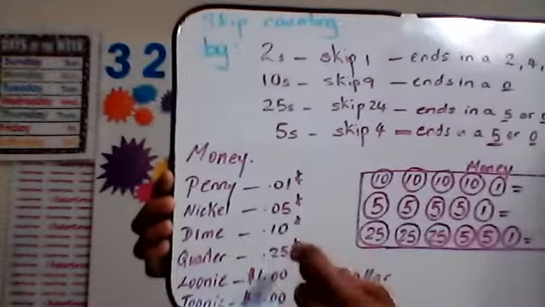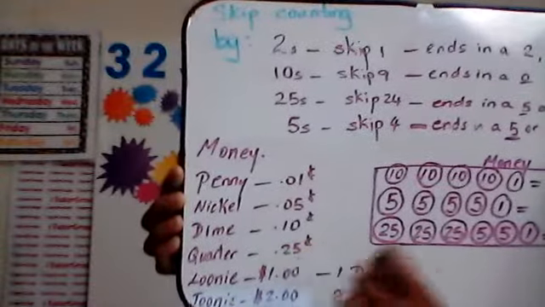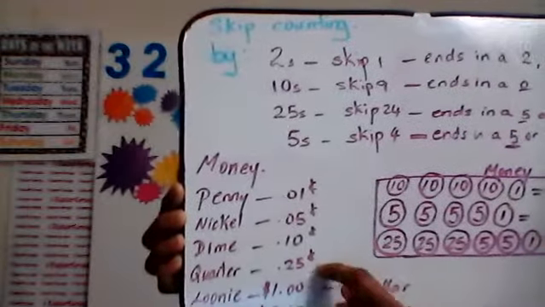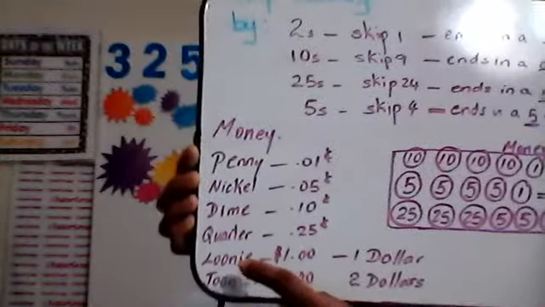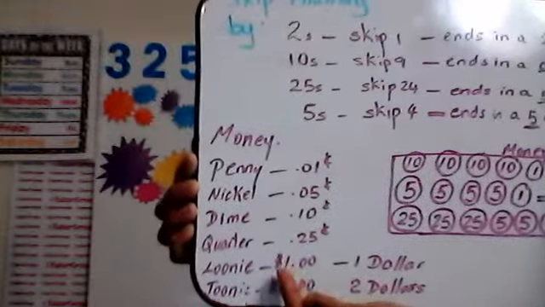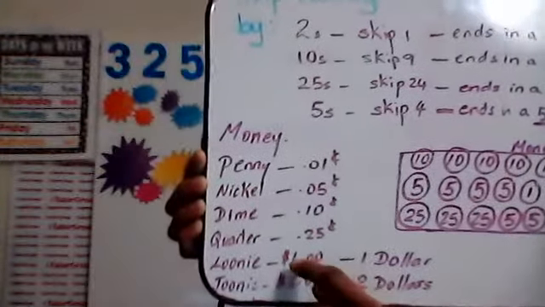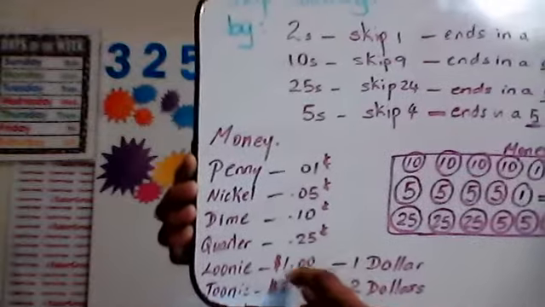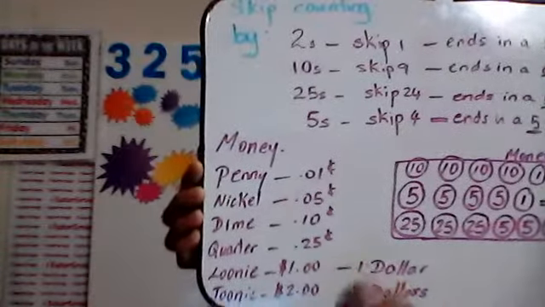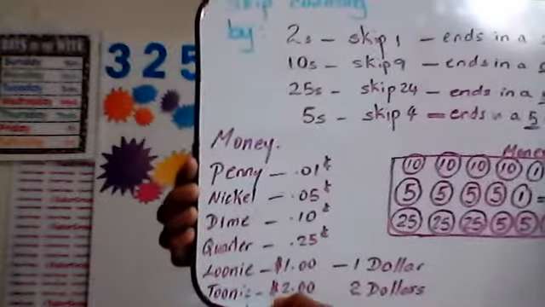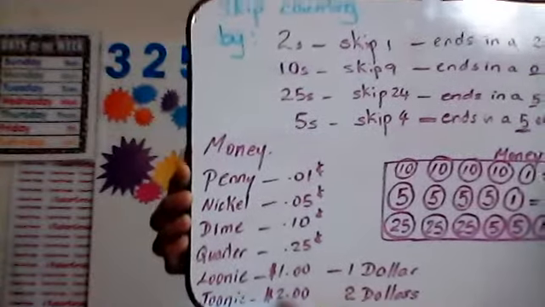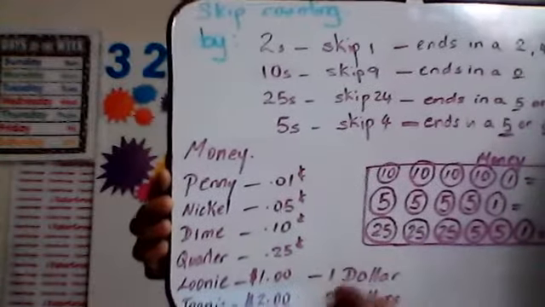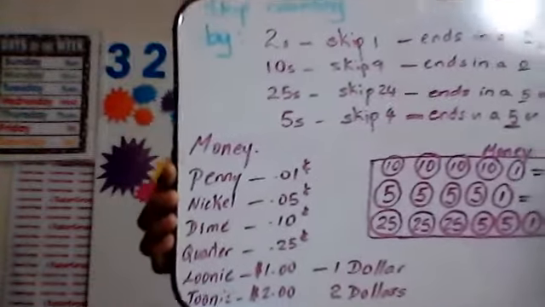A quarter is 0.25 or 25 cents. A loonie, as we call it in Canada, is $1, and it's written as $1.00. A toonie is $2, and it's written as $2.00.